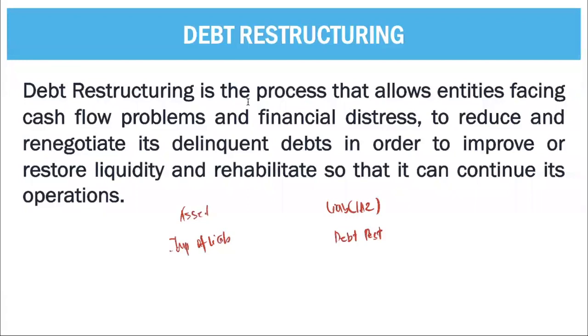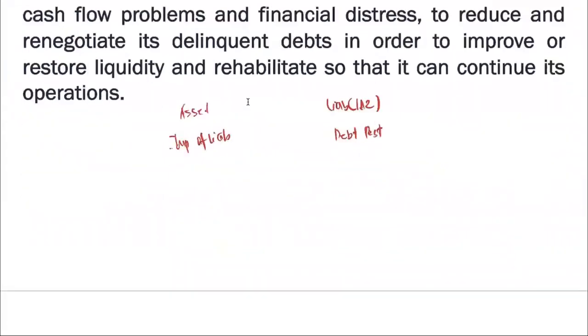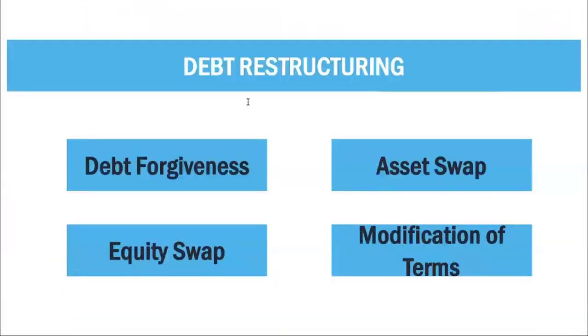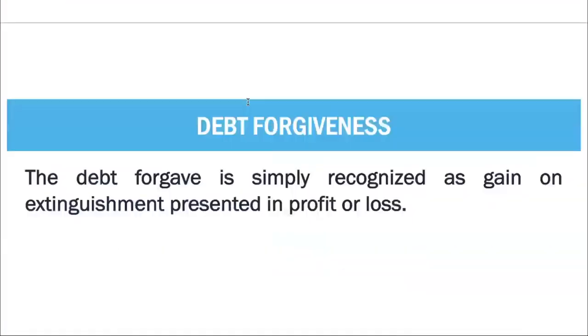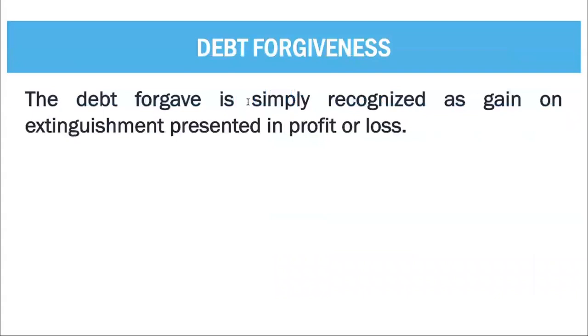In your debt restructuring, there are four categories to effect it. What are those four categories? We have debt forgiveness, asset swap, equity swap, and modification of terms. Let's start first with debt forgiveness. In a debt forgiveness, the debt forgiven is simply recognized as gain on extinguishment presented in profit or loss.